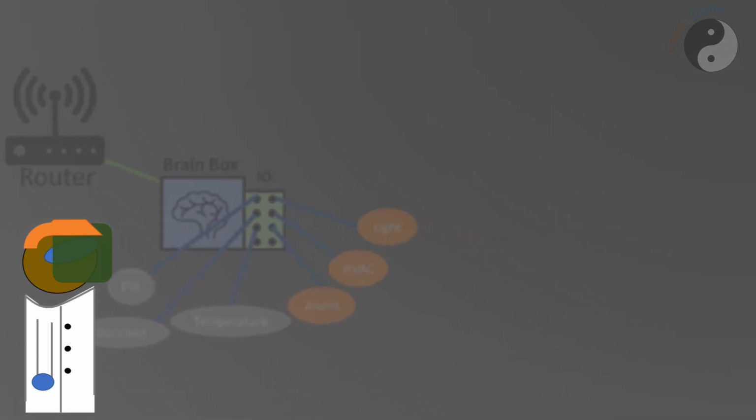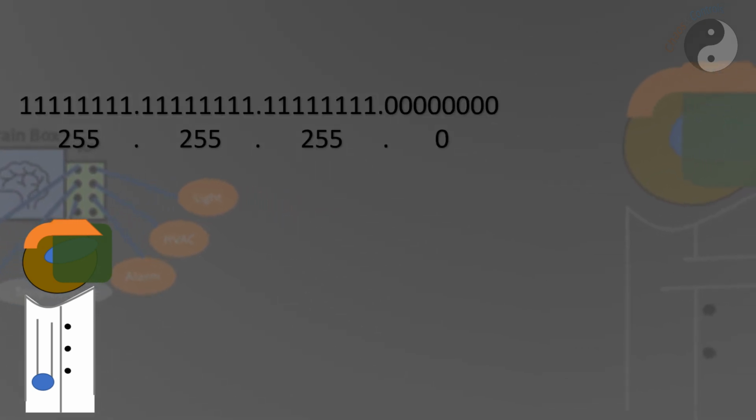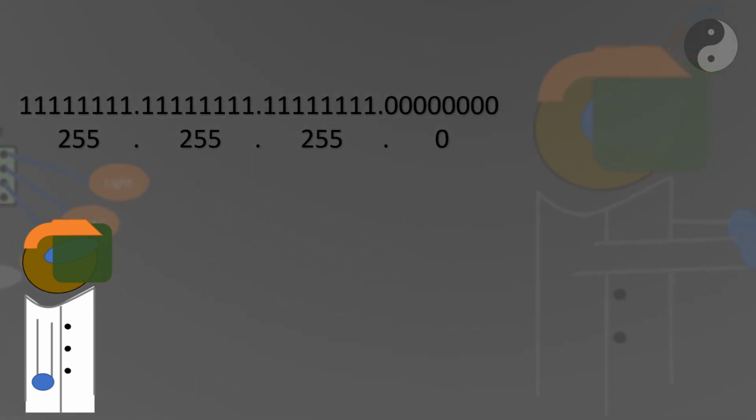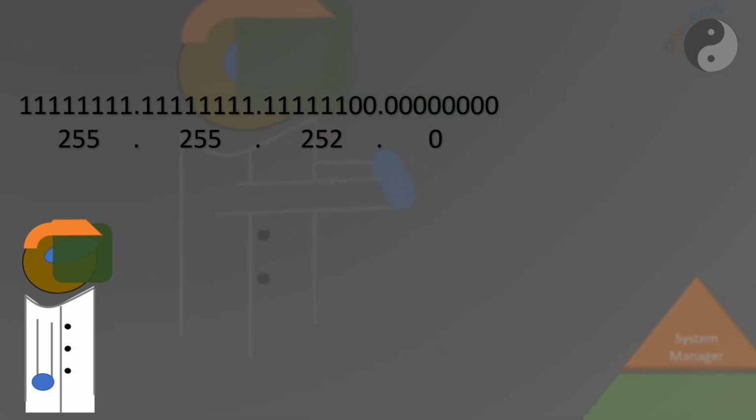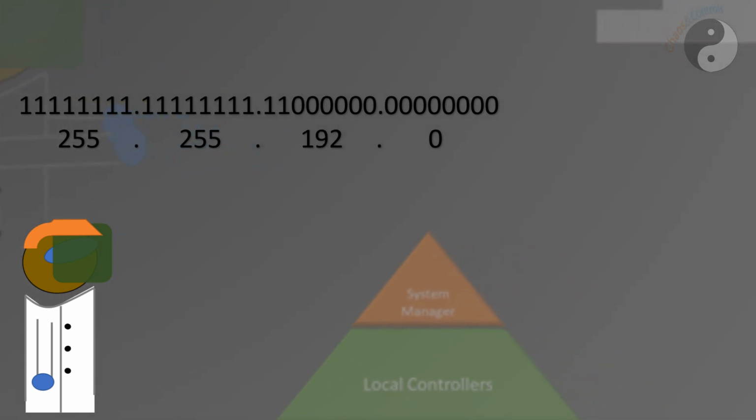Subsequently, if I start backing up this subnet, what you'll notice is that there's only a handful of legal characters, namely 255, 254, 252, 248, 240, 224, 192, and 128.